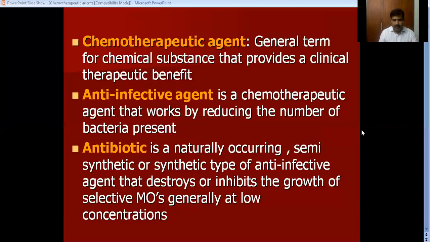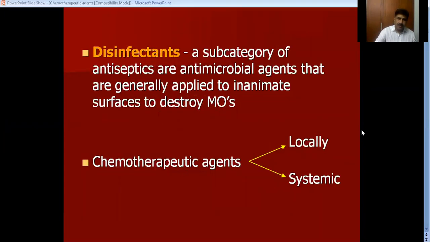And antibiotics destroy or inhibit the growth of selective microorganisms at low concentrations. Now, these are some terms that you have to be familiar with. These are terms some of the examiners are very fond of in their viva. So you have to be familiar with all these terms.